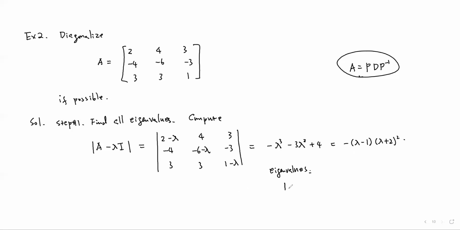Number one makes the polynomial 0, and negative 2 makes the polynomial 0, but because the power here is 2, it counts twice. So 3 eigenvalues. Step 1 done. Now step 2.